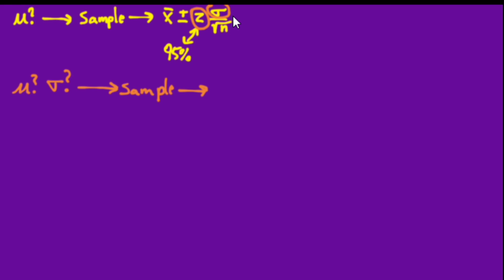So first, let's talk about sigma itself. What do we do with the fact that sigma shows up in our confidence interval? Well, when we take our sample, we get an estimate of the population mean. We also get an estimate of the standard deviation.